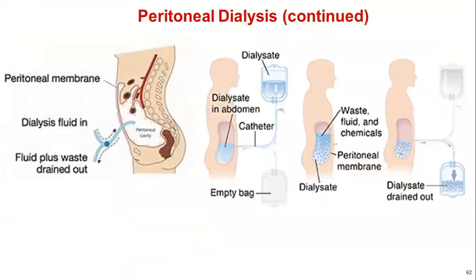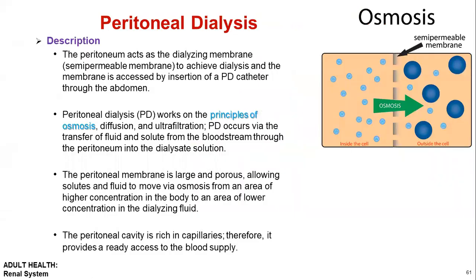Let me go back to the PowerPoint here. The peritoneum acts as a dialyzing membrane, and the membrane is accessed by insertion of a peritoneal dialysis catheter through the abdomen. Peritoneal dialysis works on the principle of osmosis.